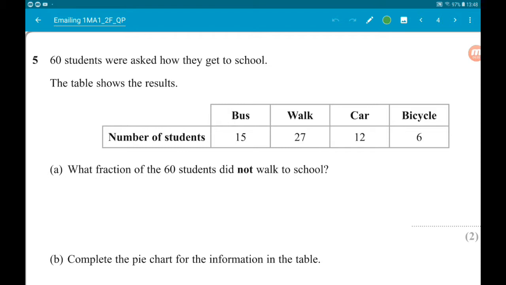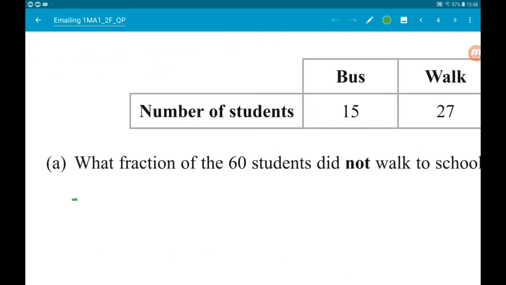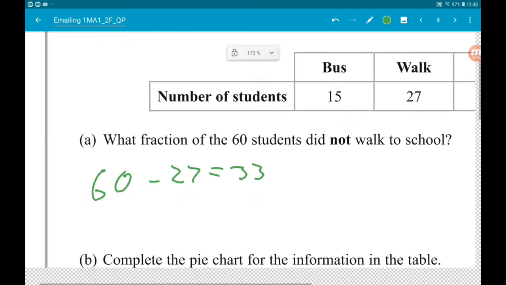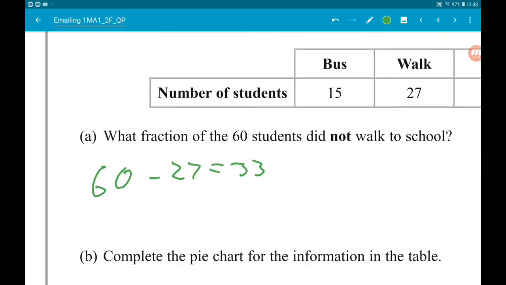So 60 minus 27 is 33. So 33 people out of the 60 did not walk to school. So that's 33 out of 60. Now that would be fine, but we can simplify that to 11 twentieths.